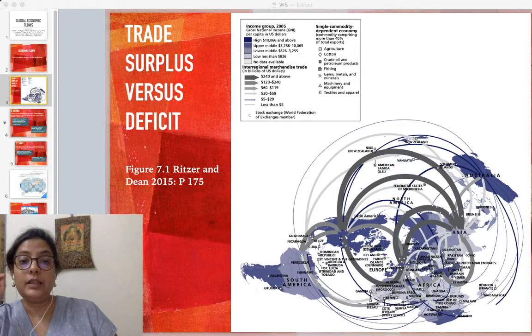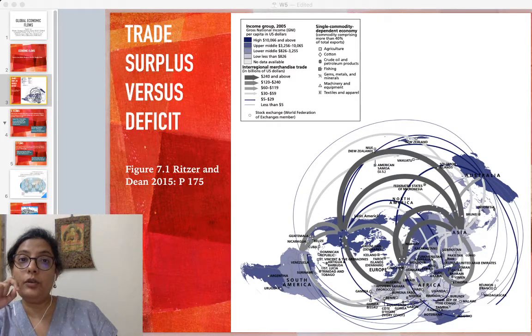For instance, they note that about 60 countries in the world are dependent on agricultural commodities for more than 40% of their export income, which means that for 60 countries in the world, at least 40% of their total export income is coming from the export of agricultural commodities.